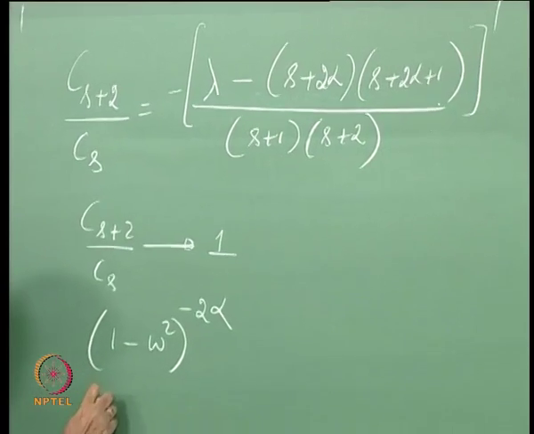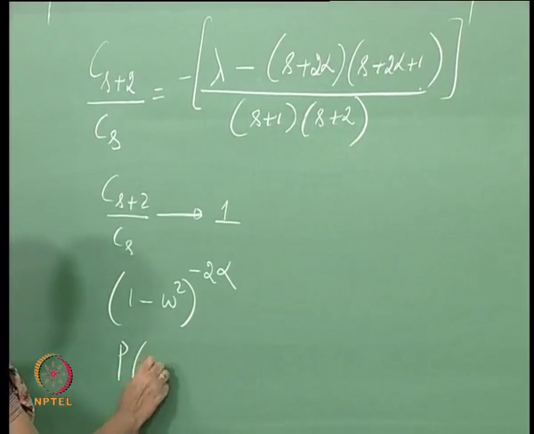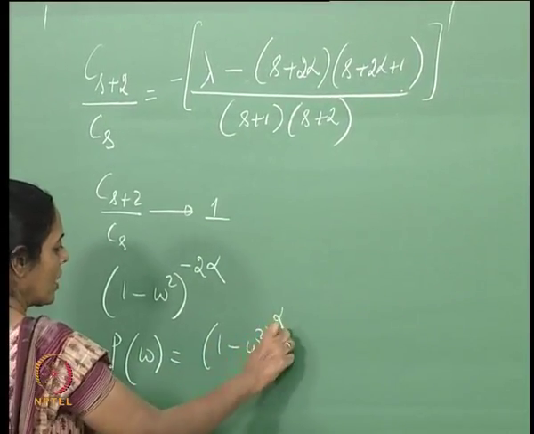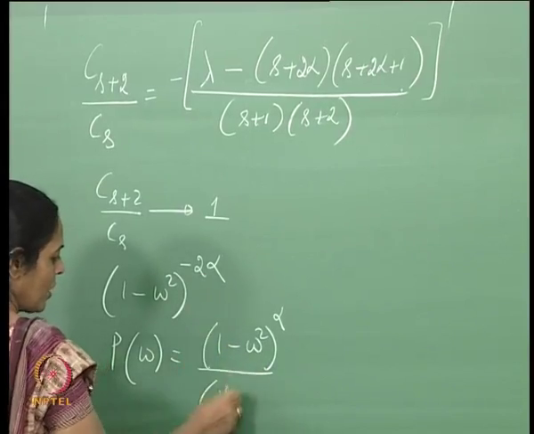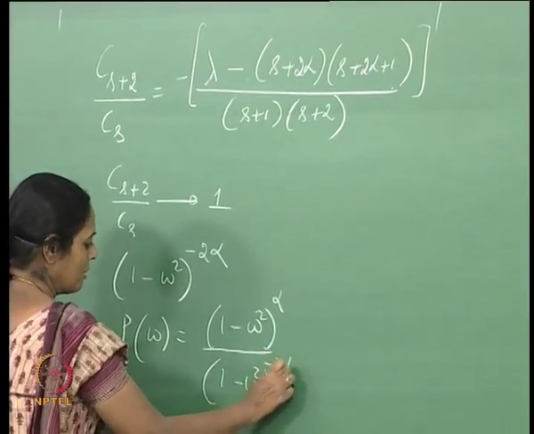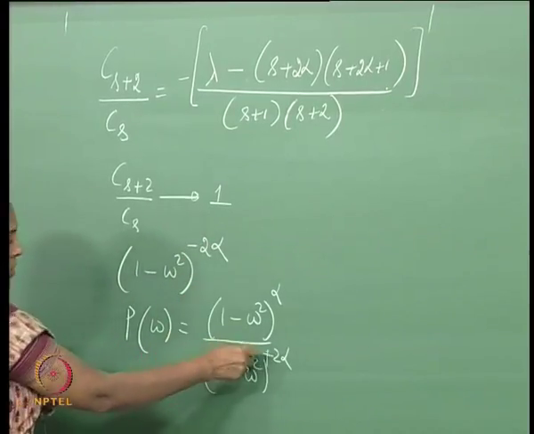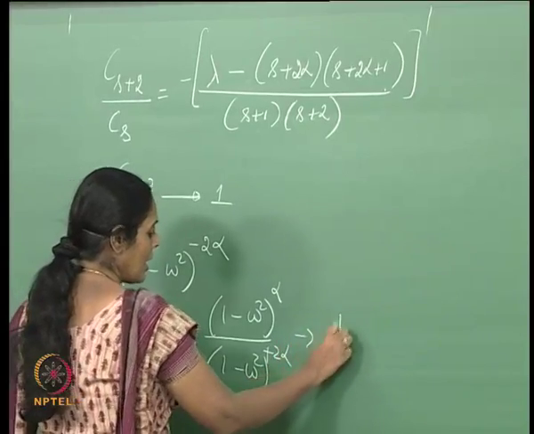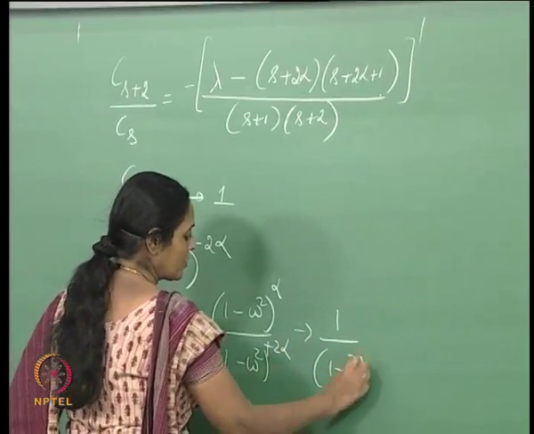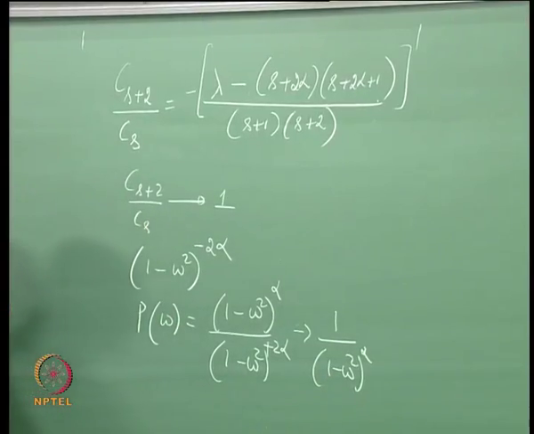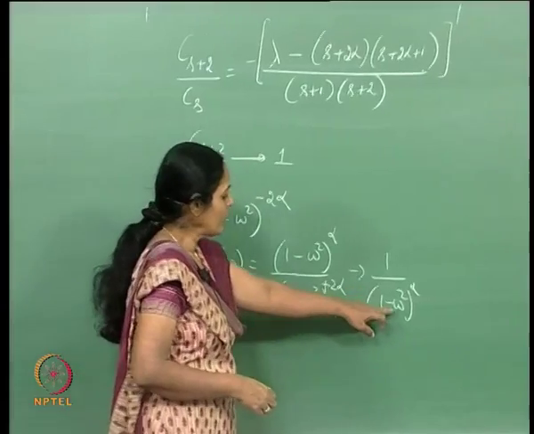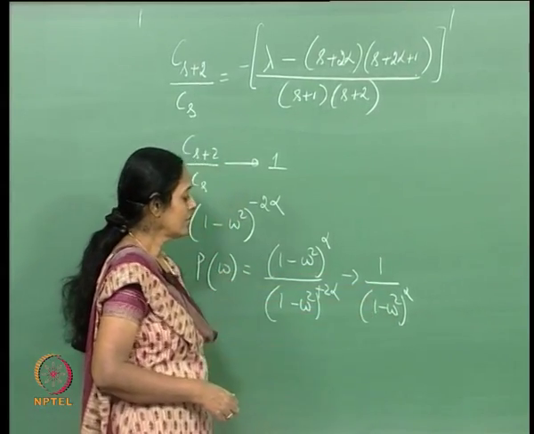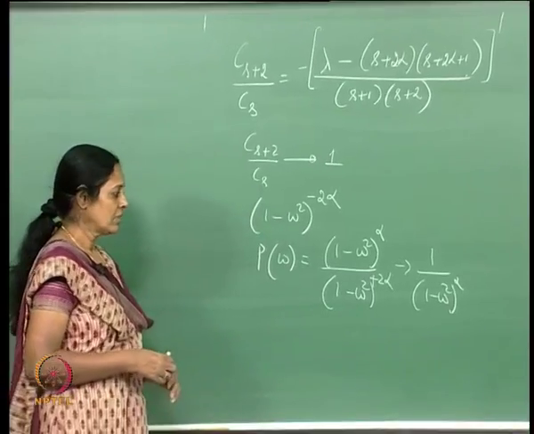And that's bad news, because then P of w goes as (1 minus w squared) to the alpha times (1 minus w squared) to the minus 2 alpha, brought down, which goes as (1 minus w squared) to the alpha. That's bad news, because when w squared is equal to 1, the term is going to blow up.